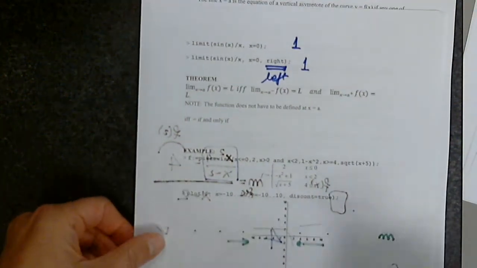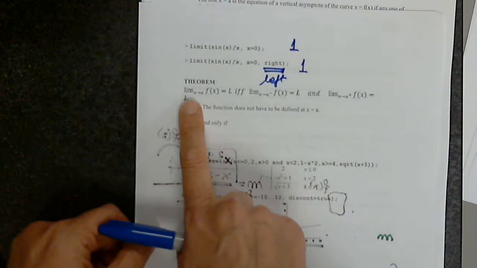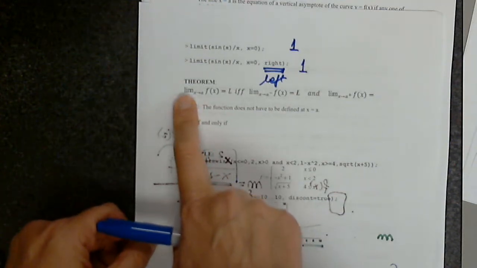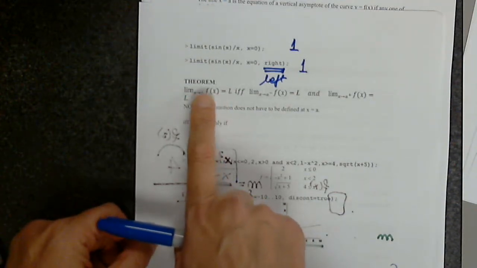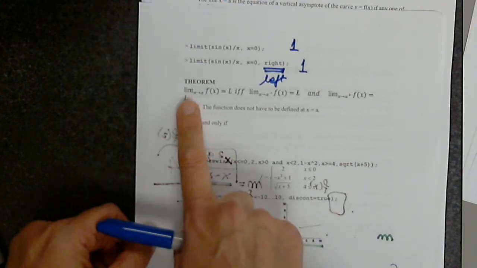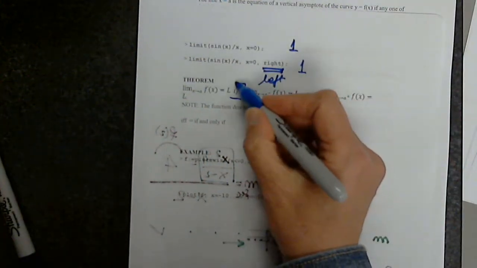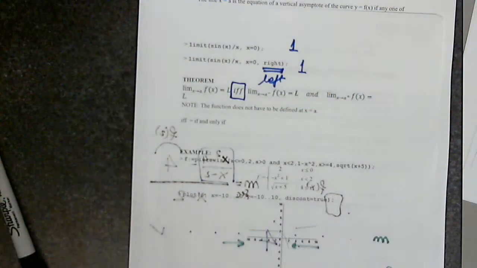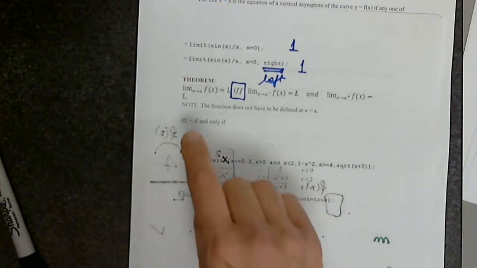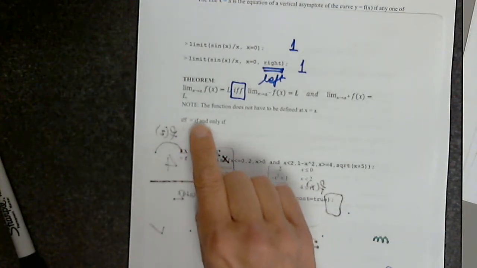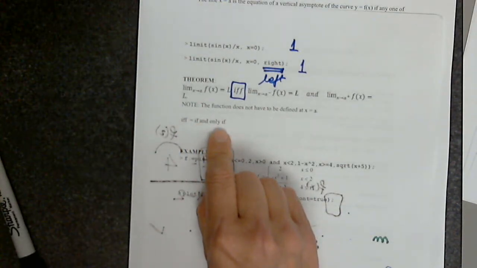Okay, next step. Here's a theorem that says the limit of f of x as x approaches a from either side is L. This is not something I created. This is a mathematical abbreviation. IFF means if and only if.